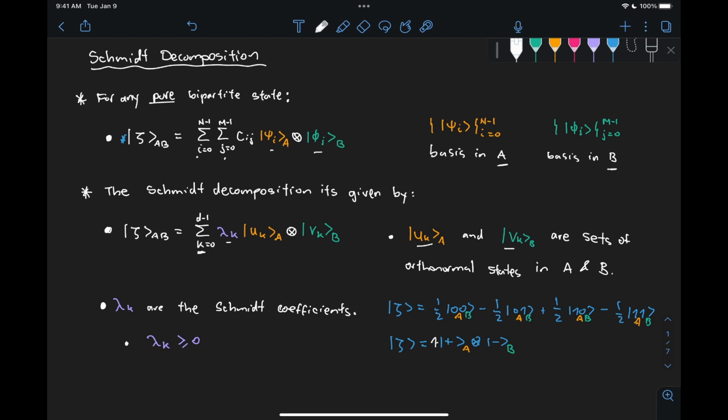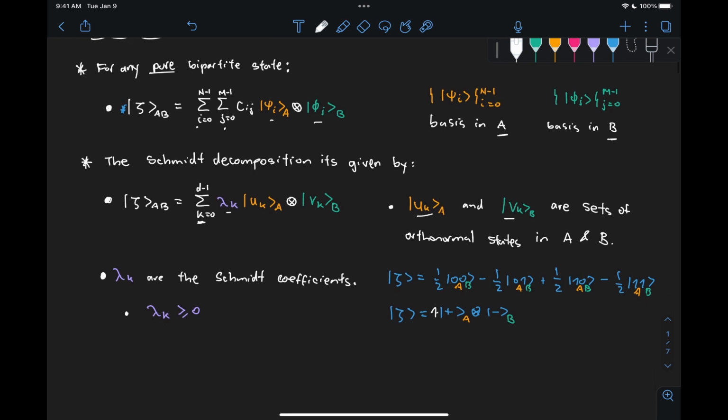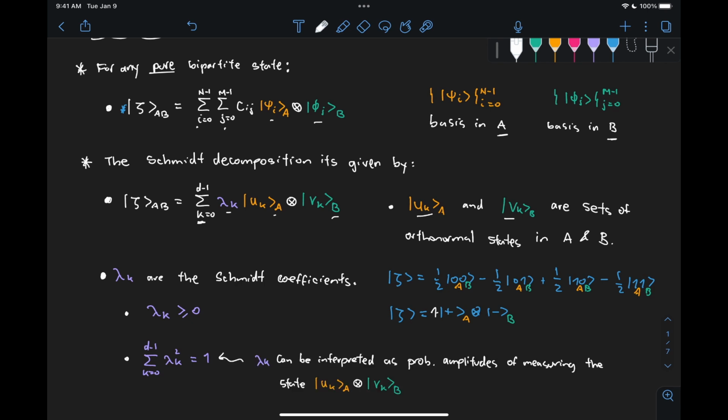Now, since these lambda sub k's are pre-multiplying sets of states for subsystem A and subsystem B, that means that the sum of the squares of these lambda sub k's has to add up to 1. And we can interpret this as saying that these lambda sub k's are the probability amplitudes of measuring the state u sub k tensor v sub k.